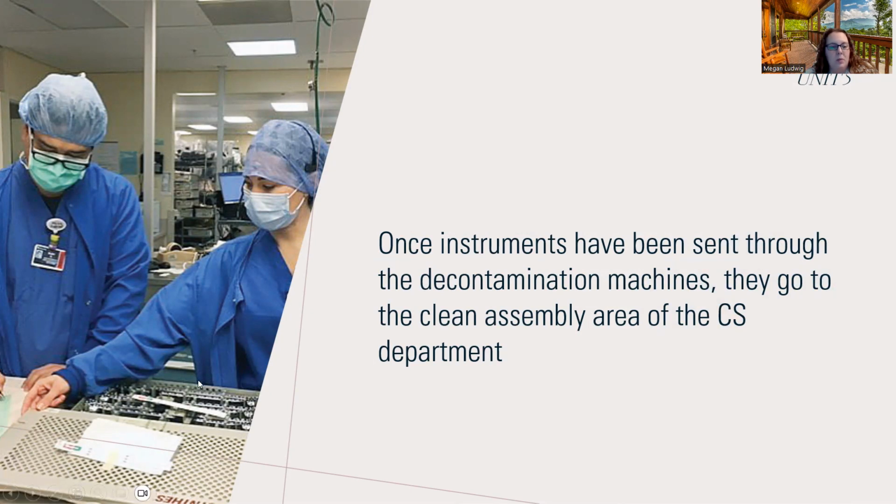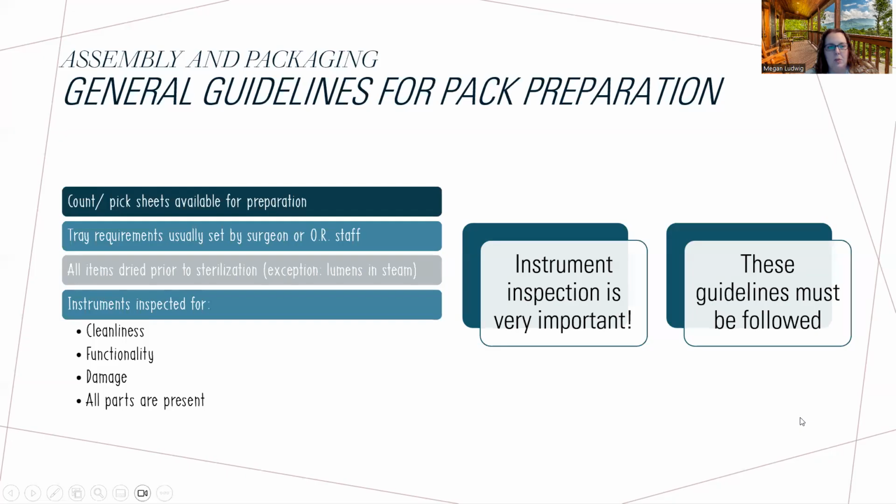And from here, once everything is assured, make sure it's all there, put in that little chemical indicator, then it can be packaged appropriately and put into a sterilizer. Okay, so there's quite a few steps still. So let's talk about pack preparation. How do you make sure that you have all the things that you need here?